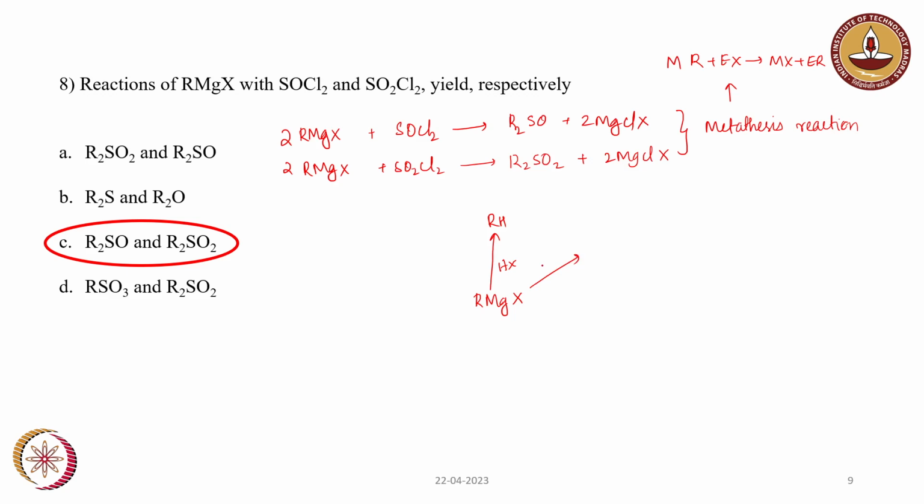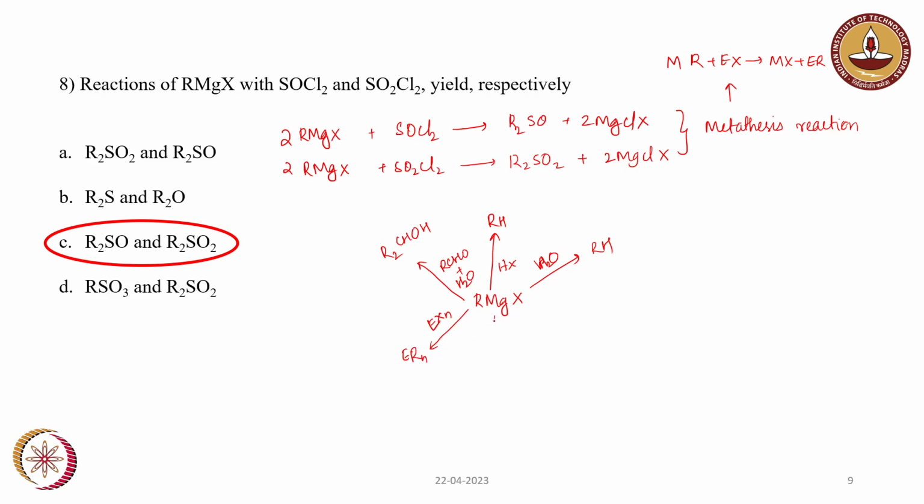With water forms again alkane. With RCHO and water forms alcohol, and with halides forms ER.